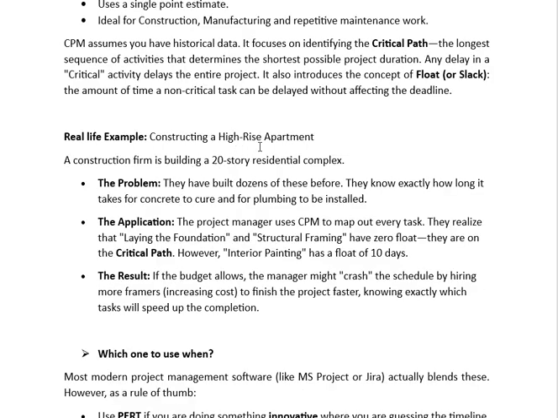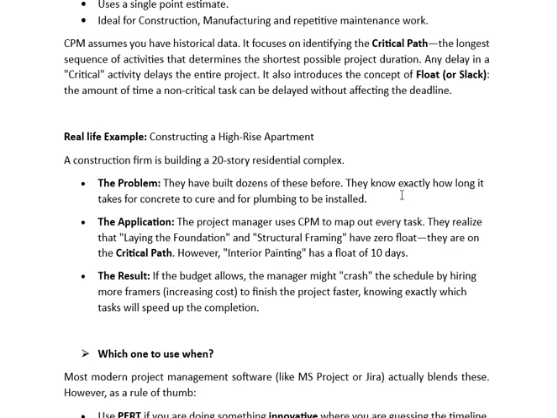Real life example is, let's say you are constructing a high rise apartment. A construction firm is building a 20-story residential complex. This is the agenda of the project. So the problem here is they have built dozens of these before.